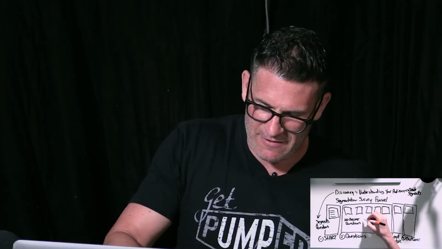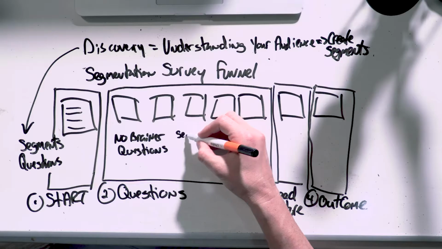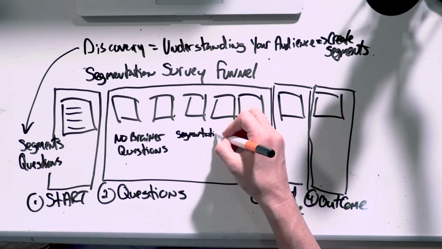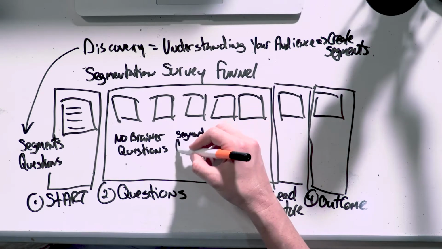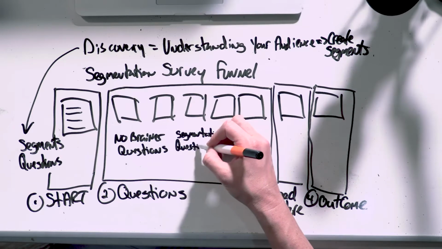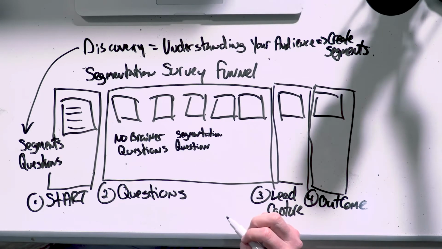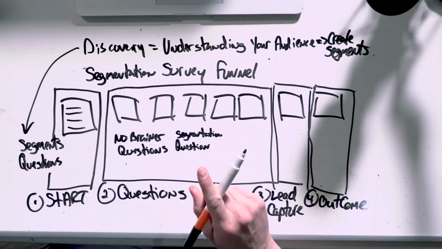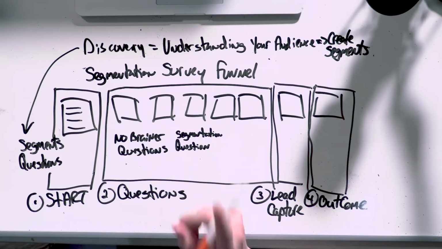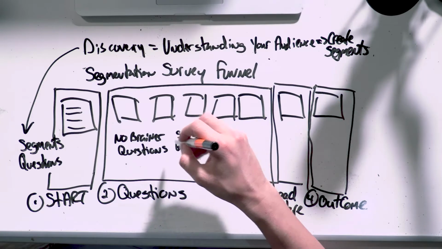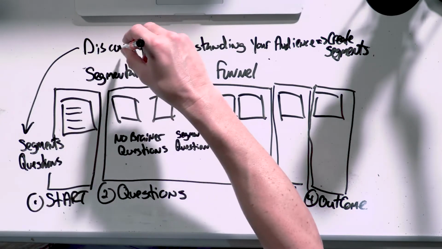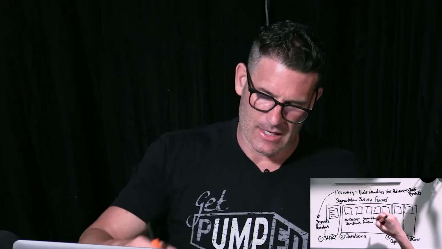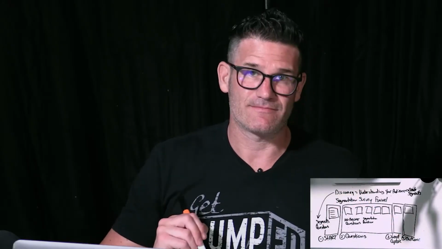Then you're going to have your segmentation question. That's very important. You're going to have one question that's going to identify what group they're going to go into. And you figure this out from doing your discovery survey. Okay? These are your outcomes.